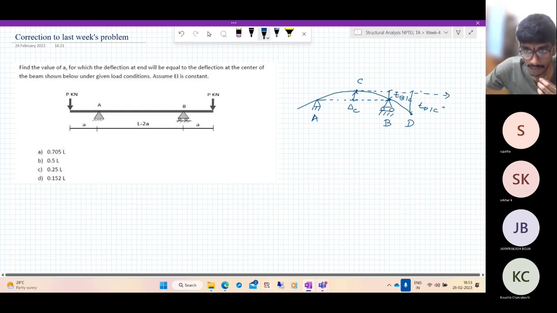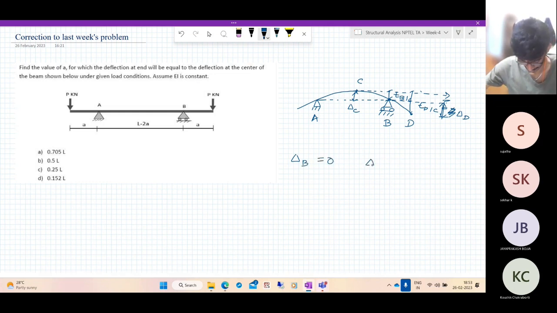And if you extend it here, this will be delta D. So what is it that we know? We know that delta B is 0.